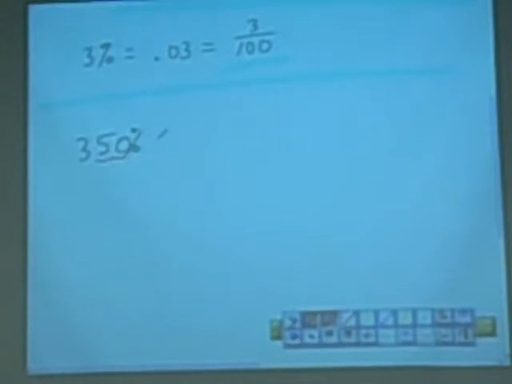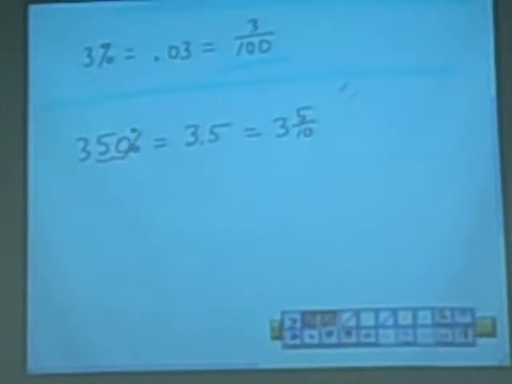So that makes it 3.5 or 3.50, right? So you can leave that 0 off. So you could say 3 and 50 over 100, or you could also just drop the 0 and make that 3 and 5/10.